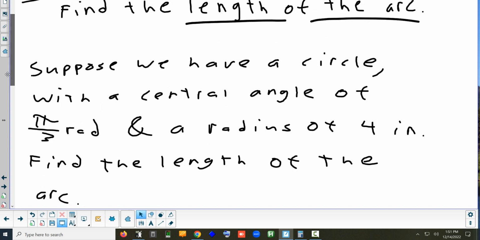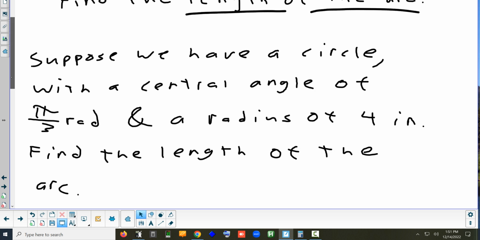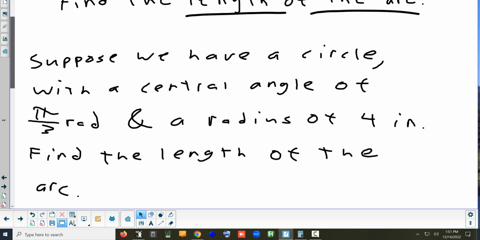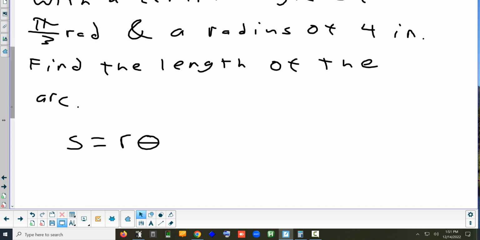It's S equals R, and then theta. It's theta, like the with a ta on the end, but don't say the ta. Okay, so there's our formula.